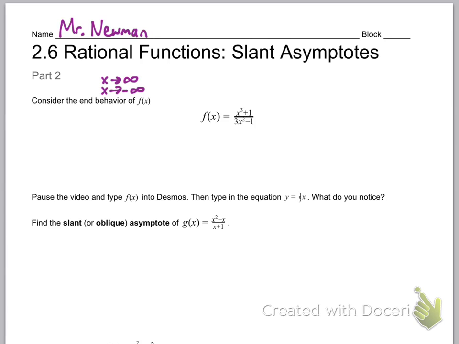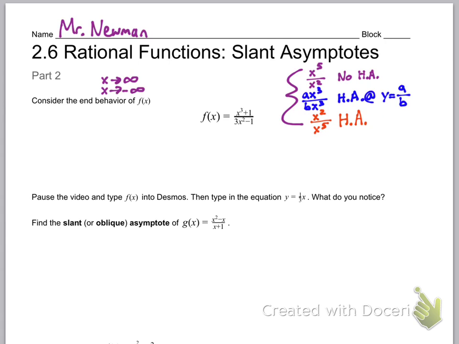And as we're making these, if you remember, we had these rules. If the power is bigger on top, by power, I'm talking about the degree, the leading coefficient. If the degree of the top polynomial is bigger than the bottom polynomial, there's no horizontal asymptote. And if they're the same, then the horizontal asymptote is the ratio of the leading coefficient divided by the leading coefficient.